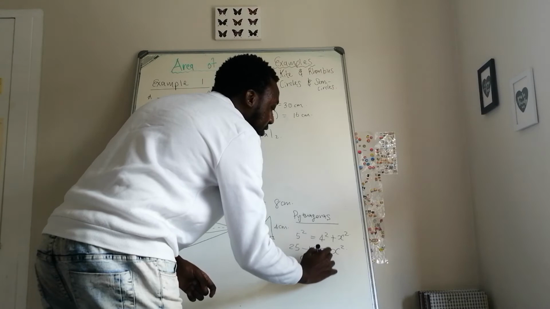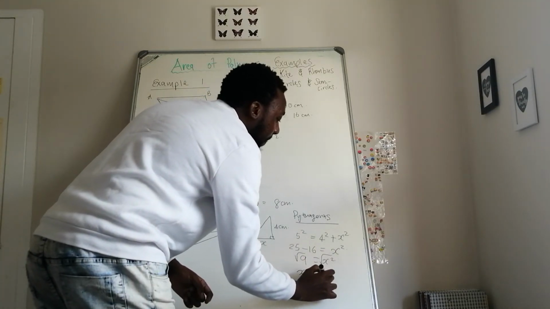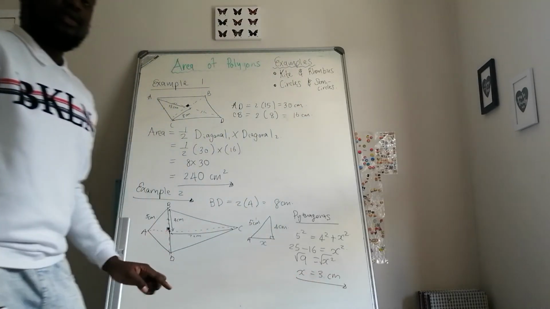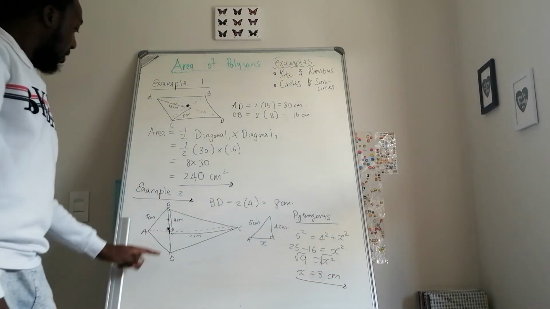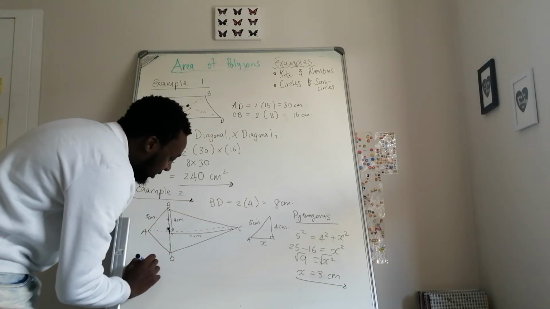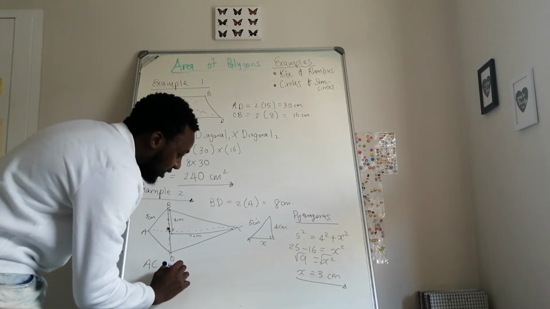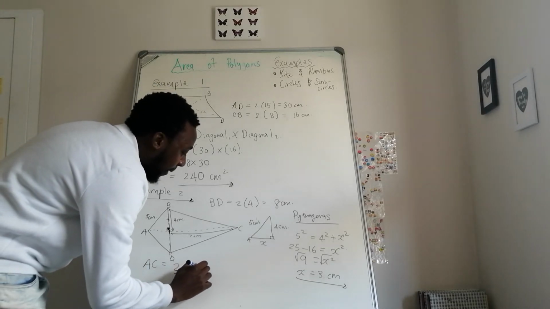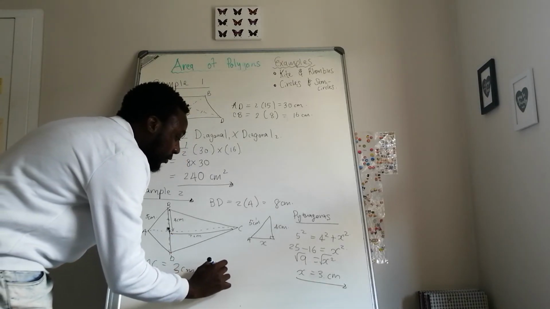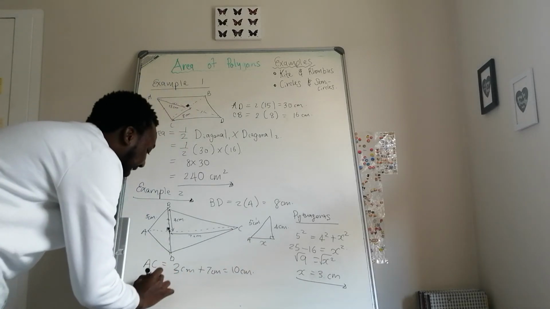And so x squared is equal to 9, so x is equal to just 3, right? So now we have the distance there. So that the diagonal AC is equal to 3 centimeters plus the 7 centimeters there, which is 10 centimeters.